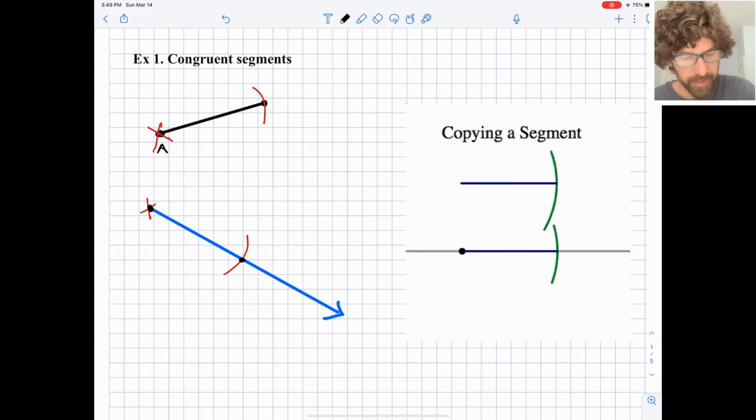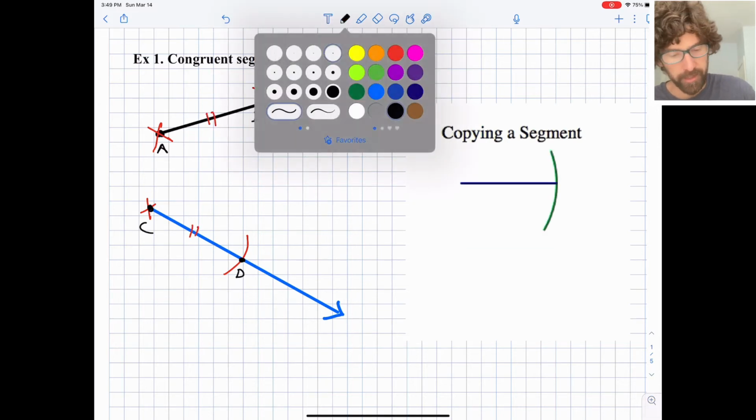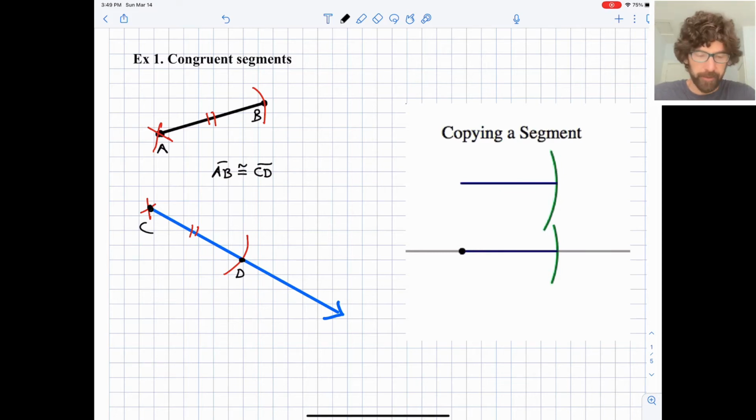If this is line segment AB, perhaps this might be line segment CD. We could use congruency tick marks to represent them as being congruent, and we could also say that line segment AB is congruent to line segment CD. We never had to measure anything, and we got an exact congruency.